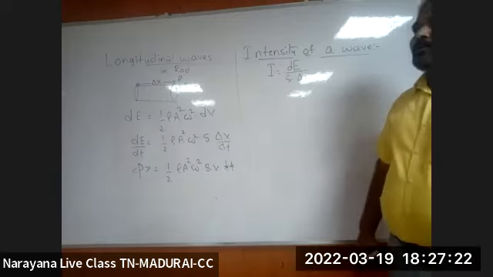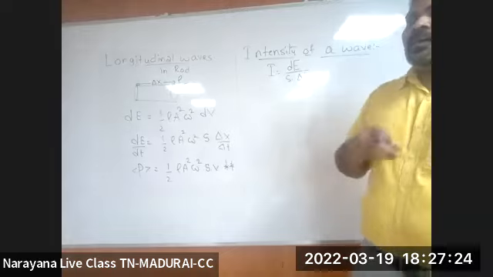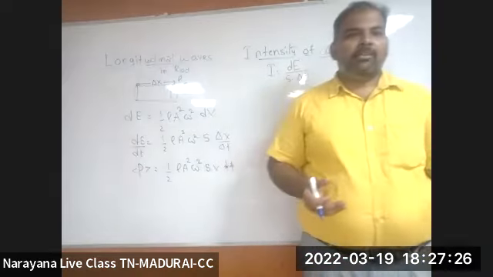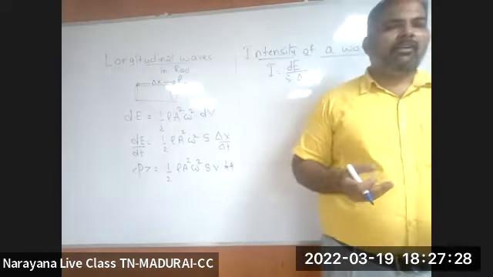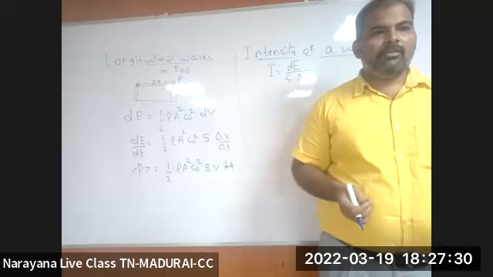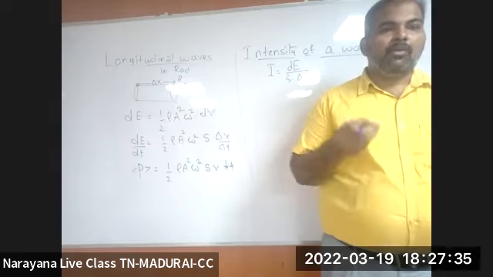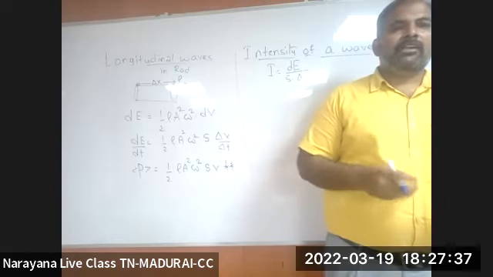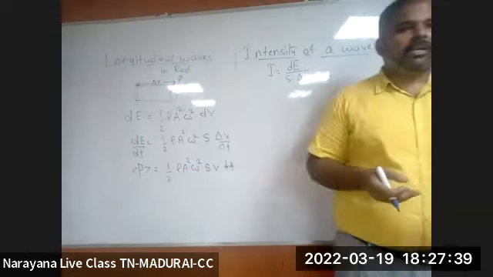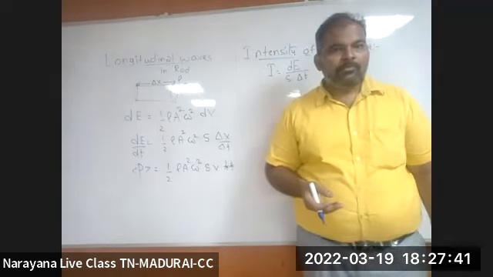For example, I am here and one loudspeaker is there. Who has more intensity? Definitely the loudspeaker. It will deliver more energy on 1 meter square in very less time. But I cannot shout like a speaker, right? If a speaker is switched on, you can listen from around 2-3 kilometers. Correct or not?